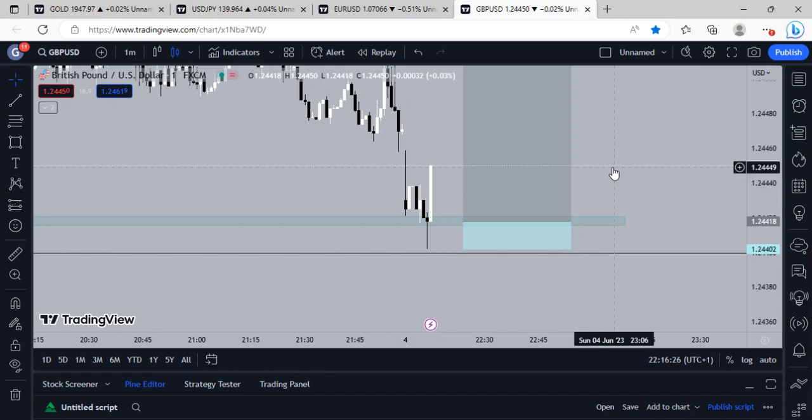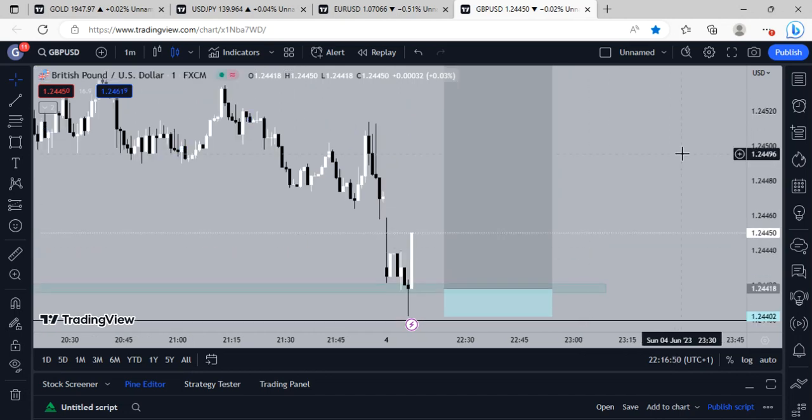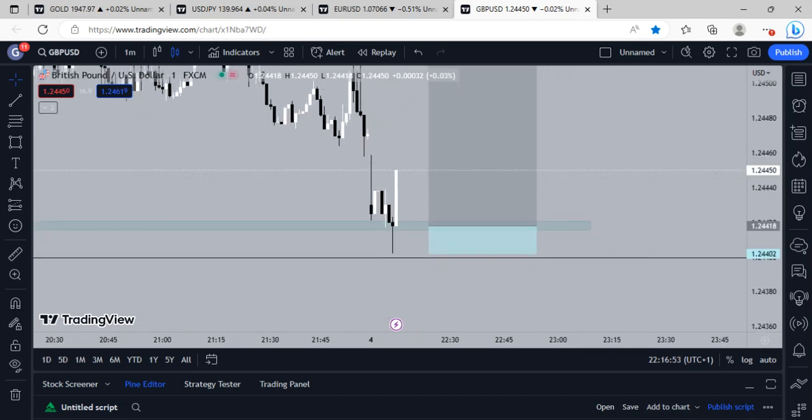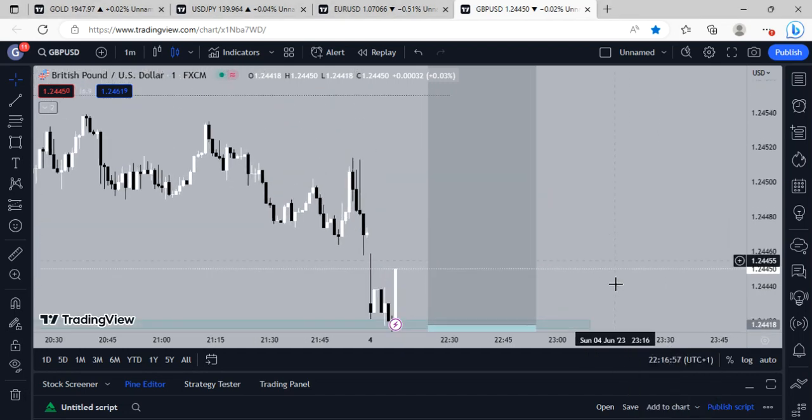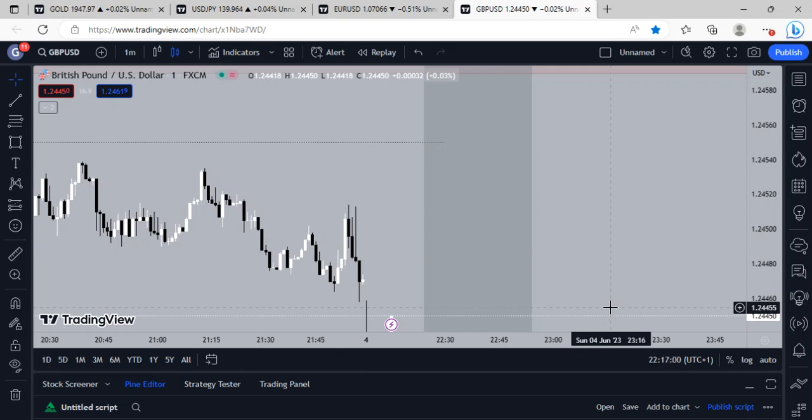And stop loss will be 1.2442. So yeah, that is our trade. I don't know why it's doing this, probably just because the market's just opened. But yes, that is my analysis on GBPUSD, guys.